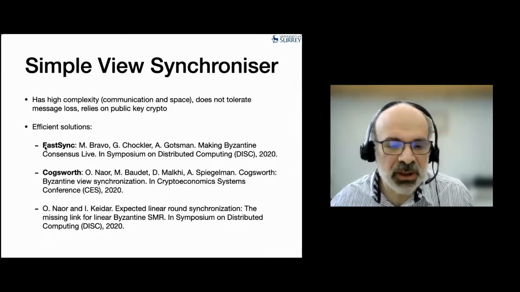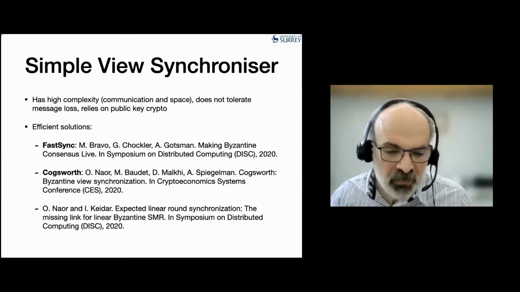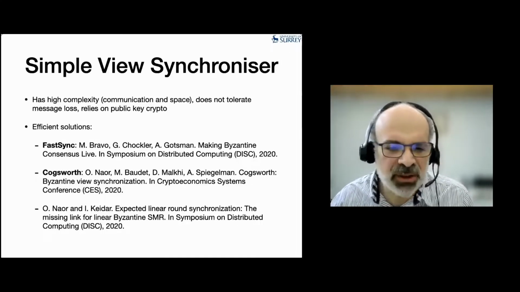An example is the FastSync synchronizer in this paper. There are also other implementations that improve various aspects of view synchronization, such as Cogsworth and this paper here, who looked at minimizing communication complexity, but at the expense of using threshold signatures.